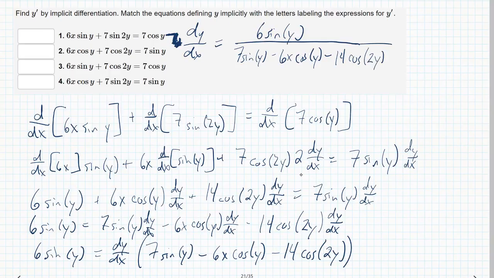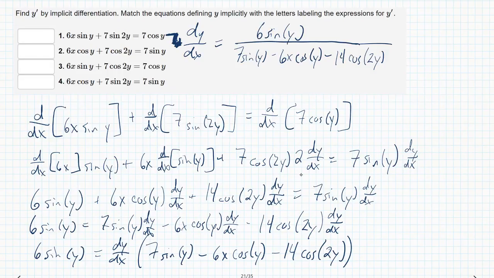And that's your final answer. If you wanted to try the others, the only difference from the first one is you just change the signs and cosines. Everything else is going to be the same. So you'll just have some negative symbols appearing where they were once positive, and the negatives that were before will turn to positive.